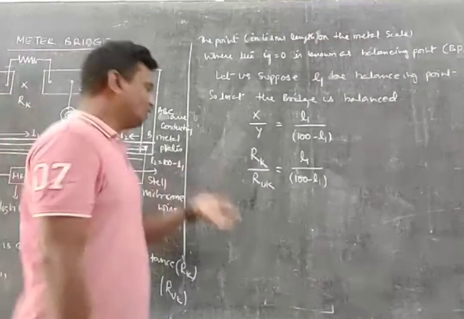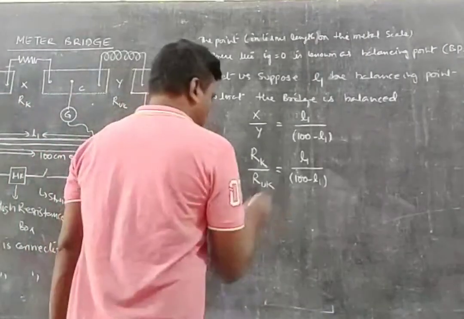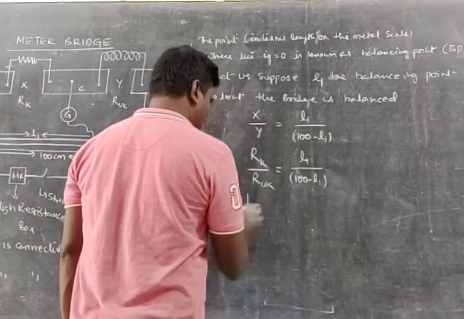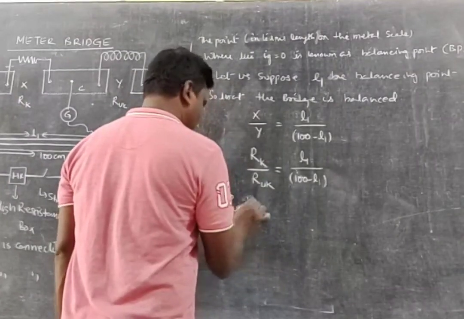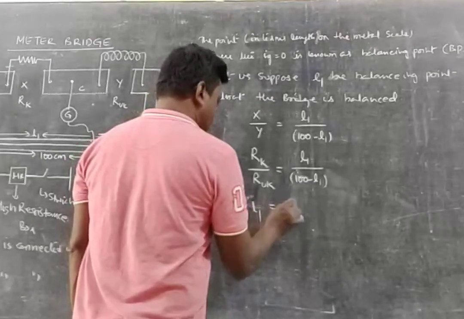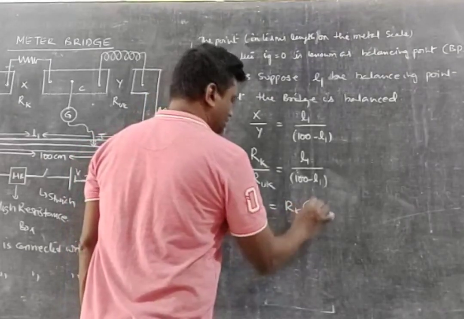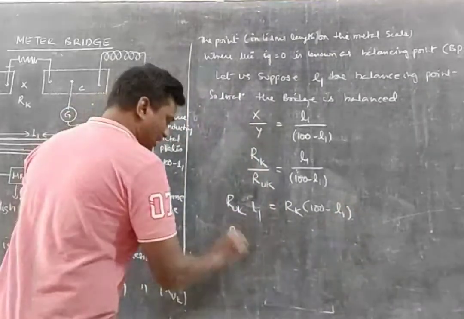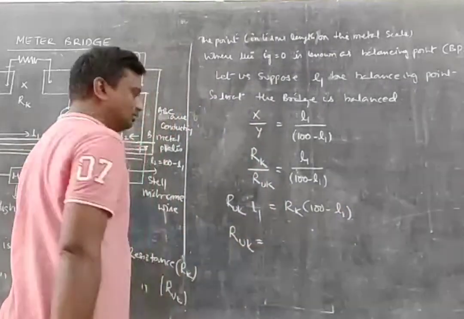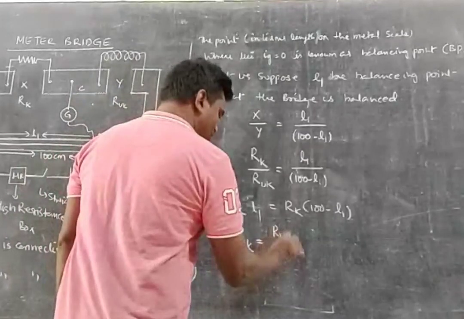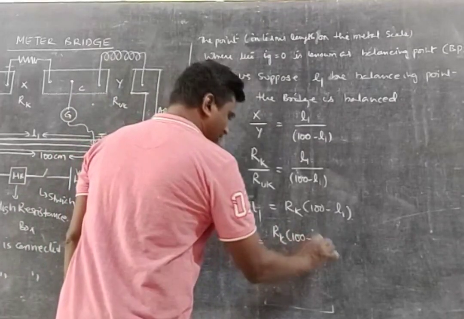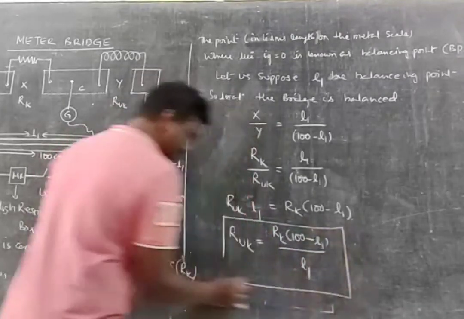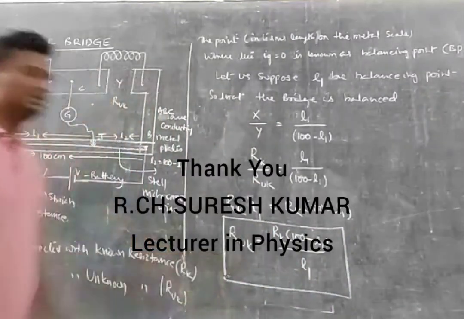What we want is the unknown resistance. So unknown into L1 is equal to known into 100 minus L1. Therefore, the unknown resistance is equal to the known resistance into (100 minus L1) by L1. So this is how we determine the unknown resistance.